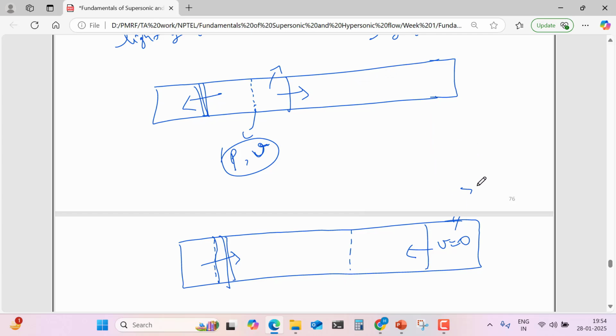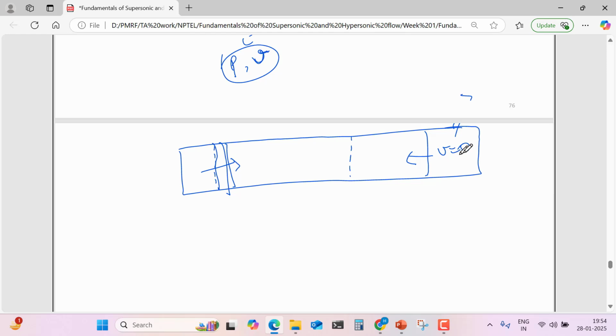And for the shock tunnel, this section can once again be connected to the nozzle through the test section, and this gas can be expanded and used as the test gas.